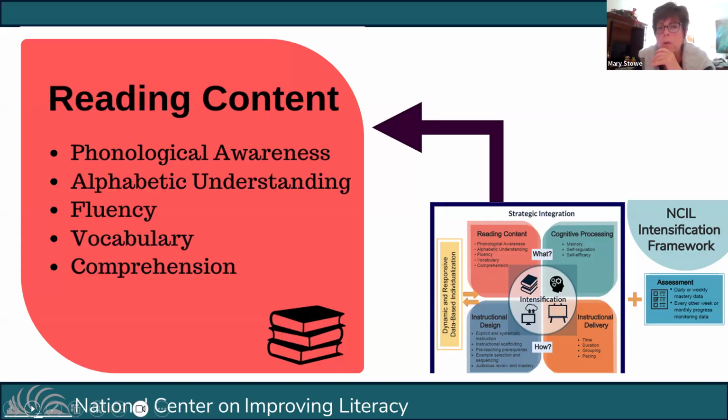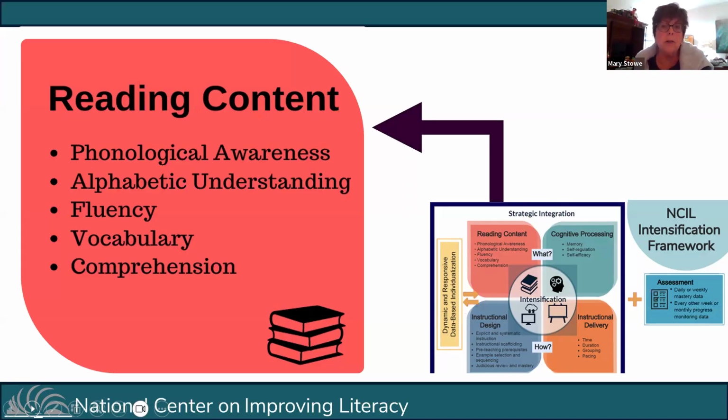You'll notice that we display the five components of reading instruction that were identified by the National Reading Panel's report. We note phonological awareness, alphabetic principle or alphabetic understanding, fluency, vocabulary, and comprehension.